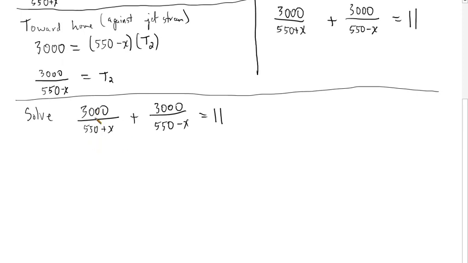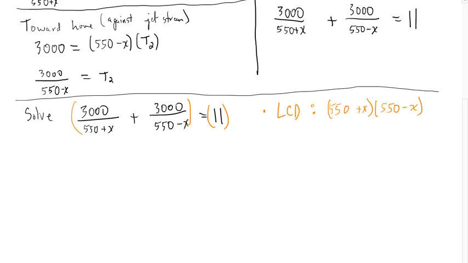I'm not good at solving equations with fractions, so instead I'll multiply both sides of the equation by the least common denominator, the LCD, which is 550 plus x times 550 minus x.